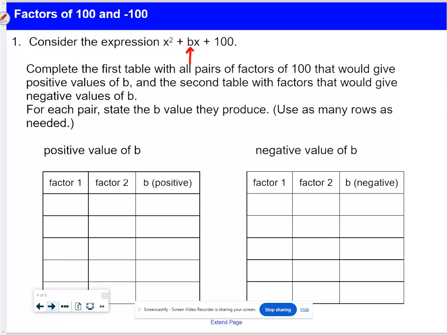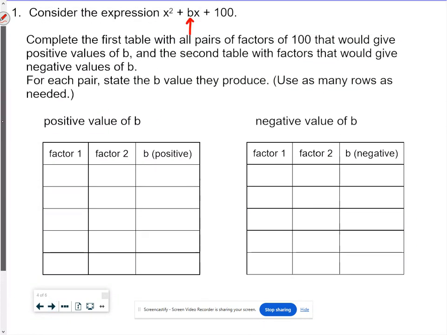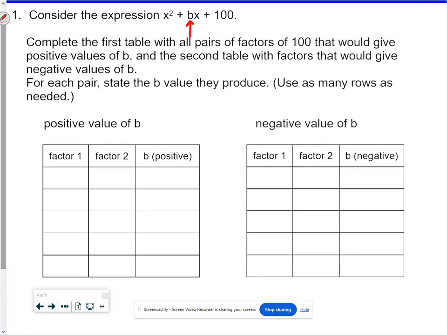So when I'm doing this, I would move this up just a little bit, I would have things like, how about 10 times 10? When I add those two together, I would get 20 right here. Other factors of positive 100, I could use things like 20 and 5, or 5 and 20, but when I add those two together, I'm going to get 25.